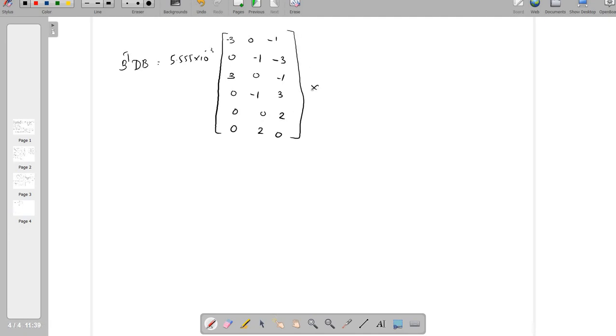And the resultant DB matrix is 311.08 times minus 12, minus 1, 12, minus 1, 0, 2, minus 3, minus 4, 3, minus 4, 0, 8, minus 1.5, minus 4.5, minus 1.5, 4.5, 3, 0.